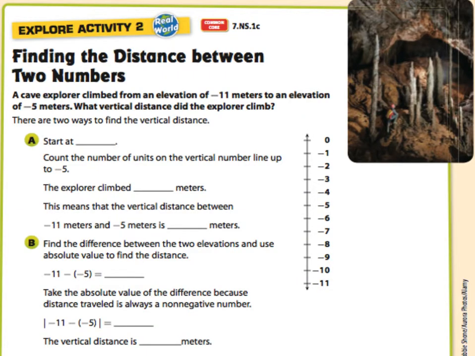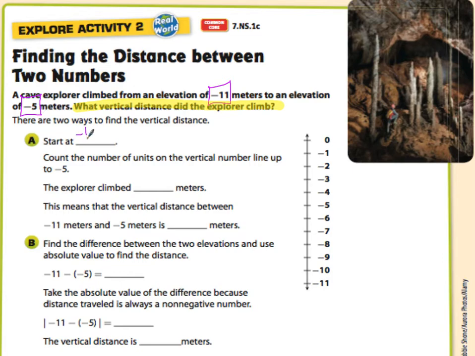All right, so now we're talking about the distance principle. Okay, so a cave explorer climbed from an elevation of negative 11 meters to an elevation of negative 5 meters. So we want to know what vertical distance that person climbed.